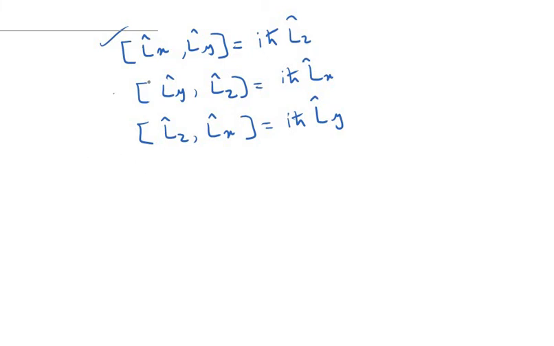This relation tells me that I cannot measure the angular momentum in the y and z direction at the same time, because again their commutator is not zero. And this relation tells me that I cannot measure the z component and the x component of angular momentum at the same time, because again their commutator is non-zero.